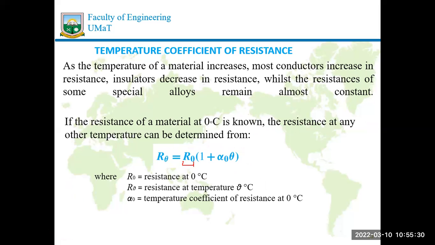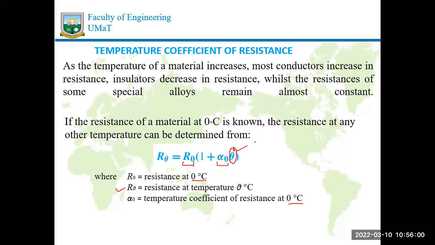For a case where we are looking at temperature at 0 degrees Celsius, we have something known as the temperature coefficient of resistance at 0 degrees Celsius. So that's our alpha 0. Then we can now compute the resistance at the temperature that we are looking at. Theta here represents the temperature that we are looking at.